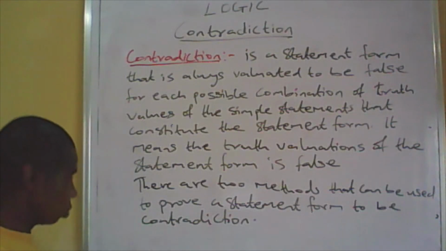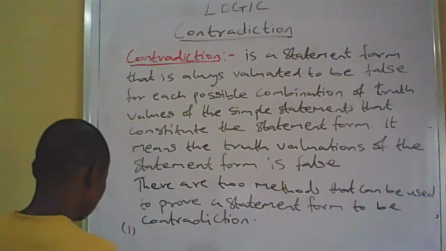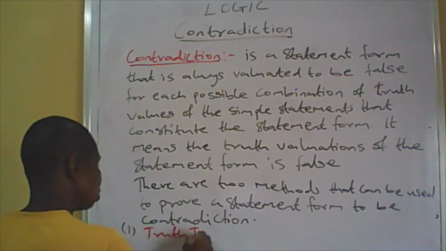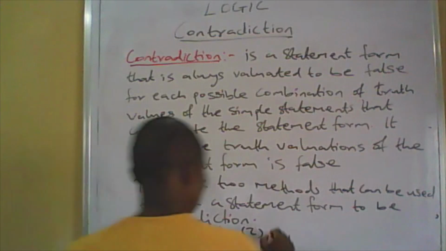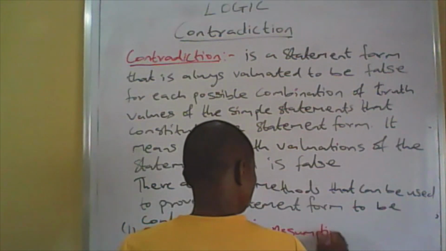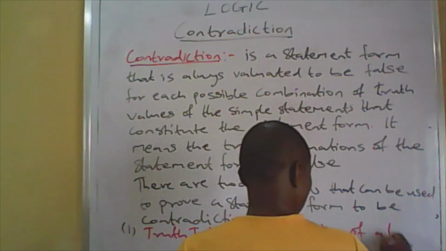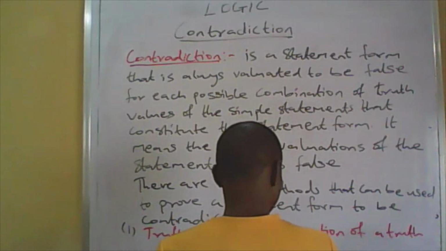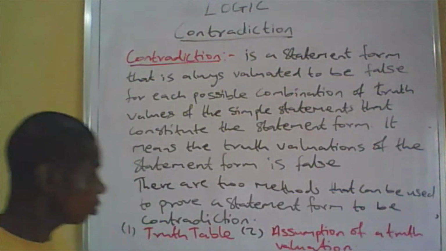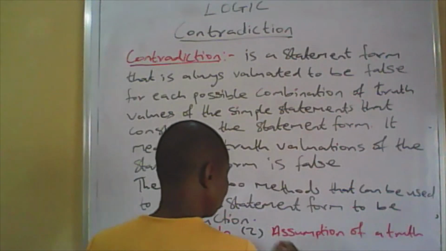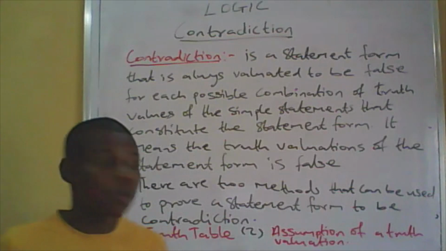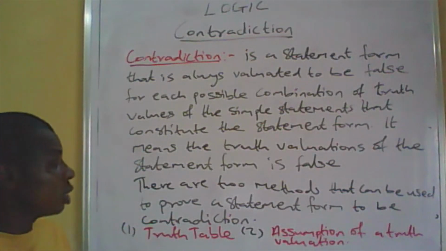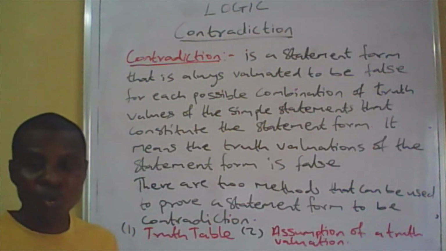One is the truth table. Two is assumption of a truth valuation.